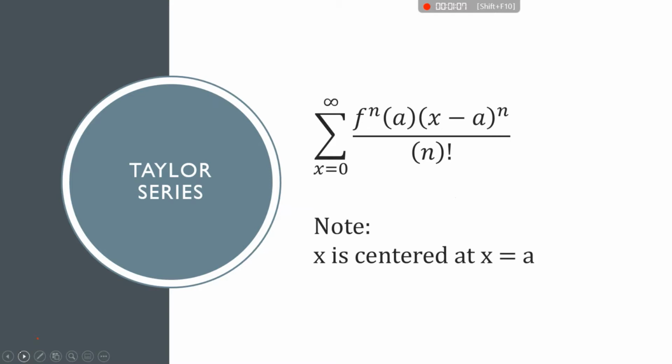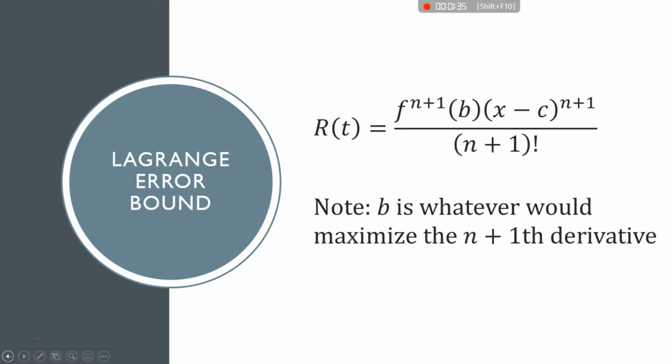So our Taylor series approximation for the nth degree polynomial approximation at some x value would end up being the nth derivative of our original function at that center point times x minus our center point to the nth power over n factorial. So in this case, a is our center point. And then if we wanted our error, I would go to the n plus 1 degree, so that's my next term.